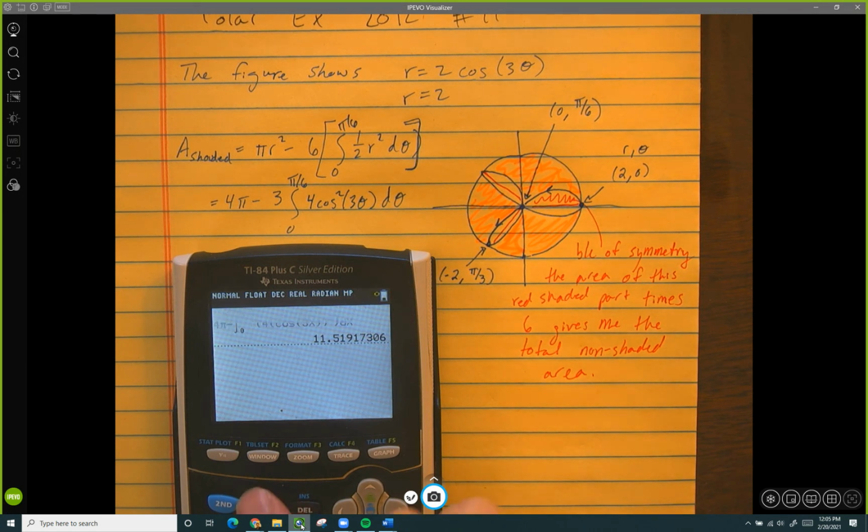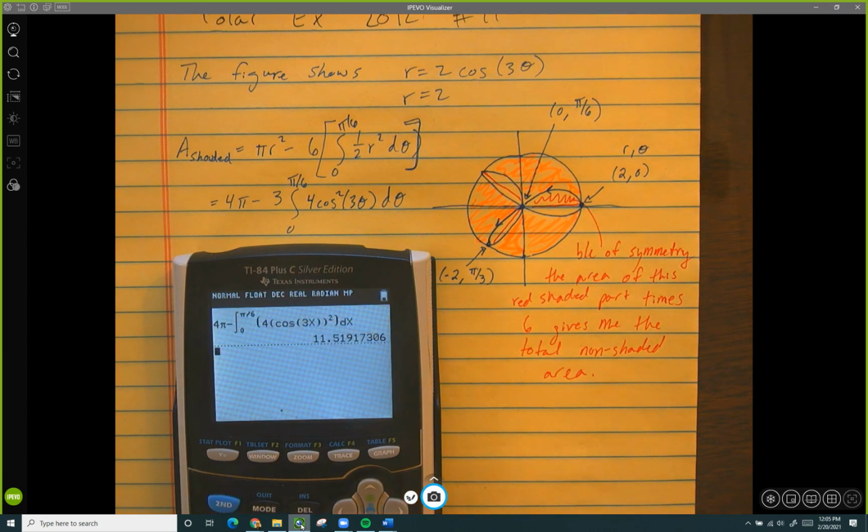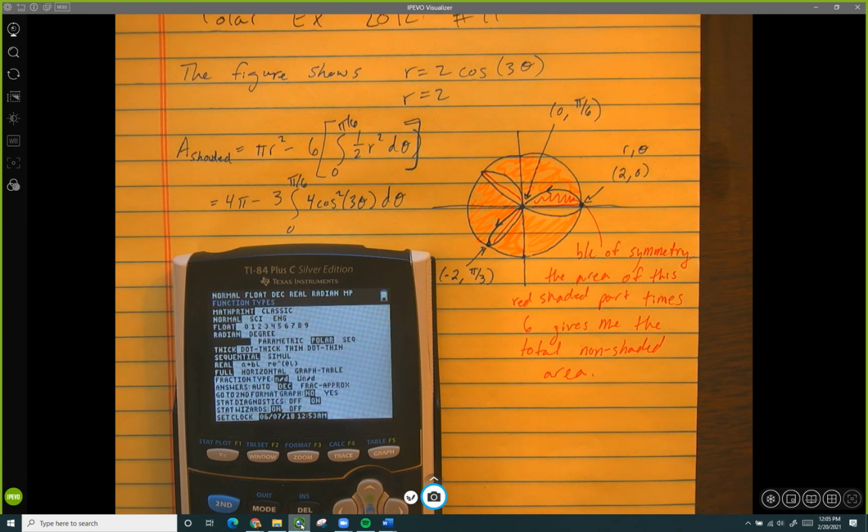Let's see if I do need to be in polar mode. I don't see a mistake. Yeah, the 3 before the integral. I didn't need to be in polar mode. I'm going to go back to my regular function mode.